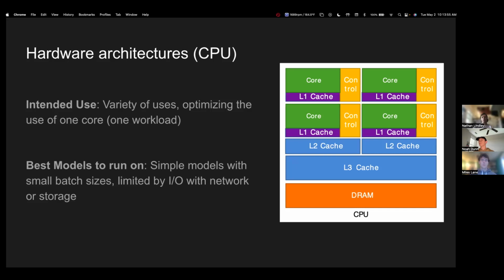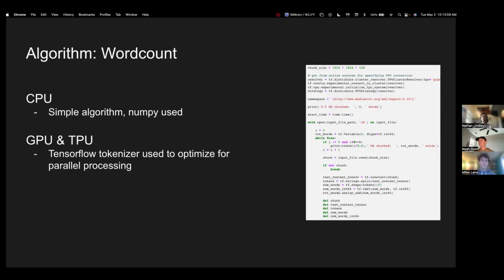So now we're going to move on to looking at some of the algorithms. The first algorithm that we did was a basic word count algorithm. To do this, we first split the XML data into chunks, as Noah mentioned, and then used general base Python to split the text, and then take the length and add that to a word counter.